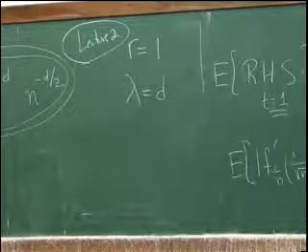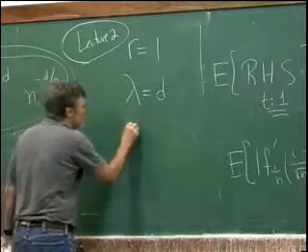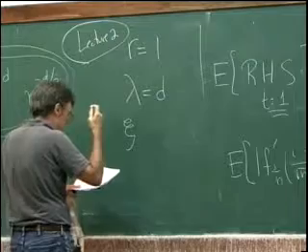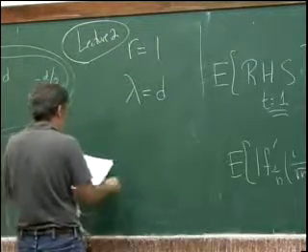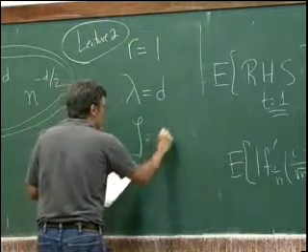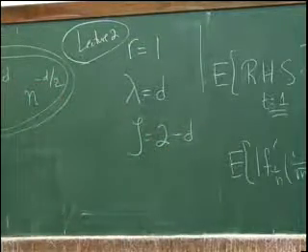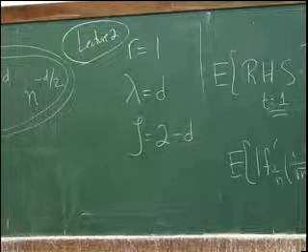In lecture 2, I had R, lambda, and zeta. And if I want lambda equals D, one can check that R equals 1 and zeta equals 2 minus D.